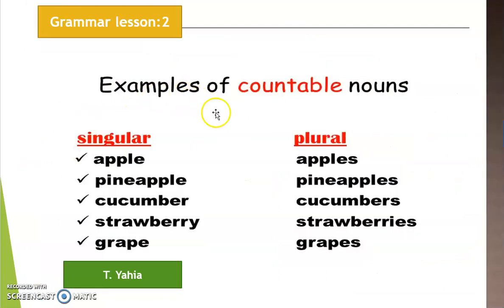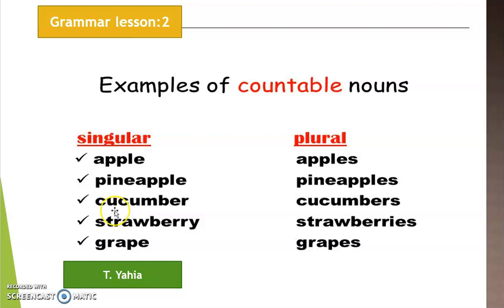So here are more examples of countable nouns. As we mentioned in the above slides, countable nouns can be singular or plural, but uncountable nouns are always singular. So here, apple, apples. Here the pineapple, so we have pineapples.